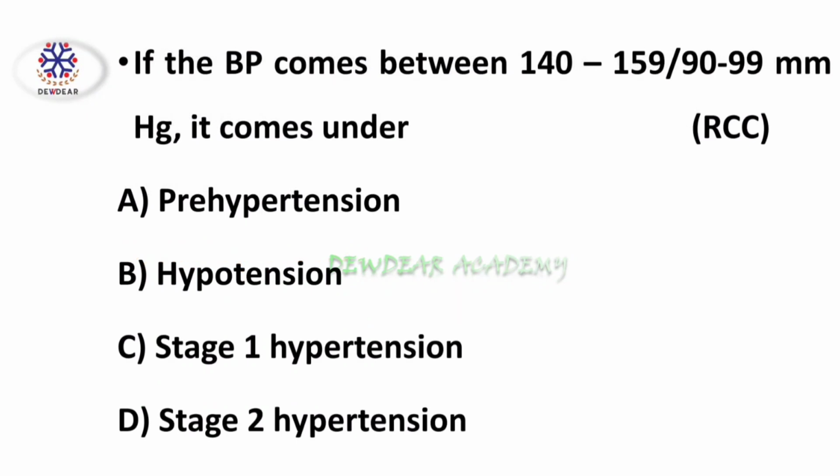Next, if the BP comes between 140 to 159 by 90 to 99 millimeters of mercury, it comes under, options: pre-hypertension, hypotension, stage 1 hypertension, stage 2 hypertension. The right answer is stage 1 hypertension.